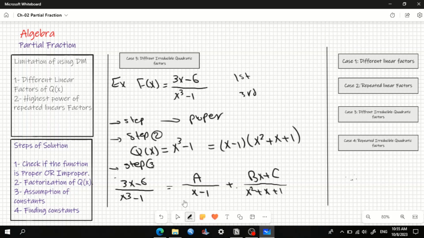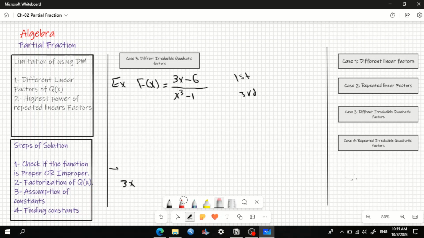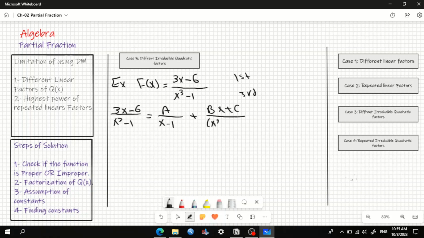So we have 3x minus 6 by x cubed minus 1 equal to a by x minus 1 plus bx plus c by x squared plus x plus 1.